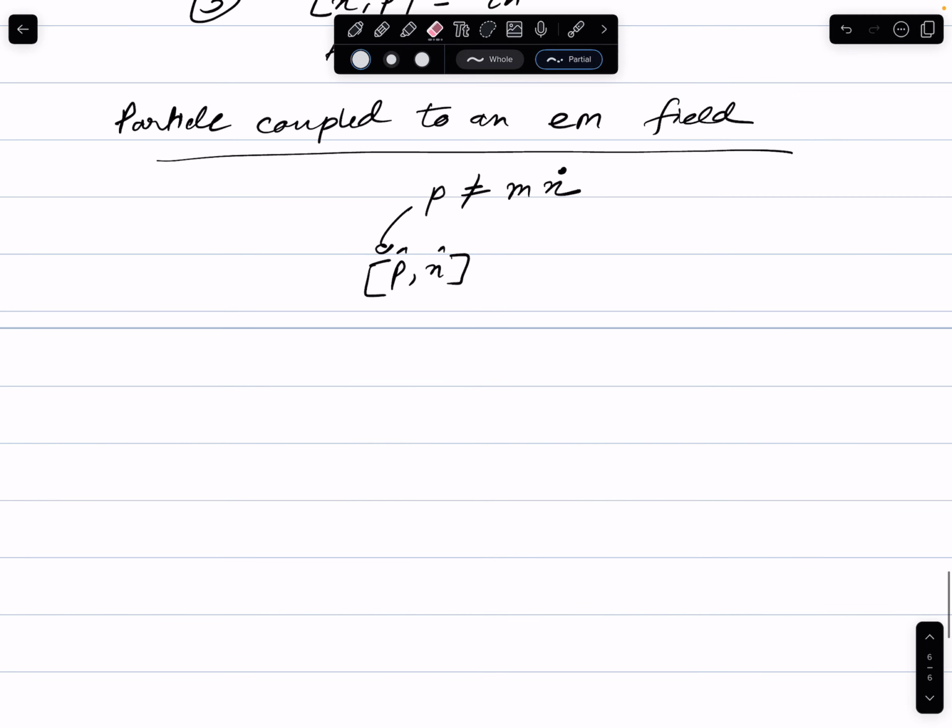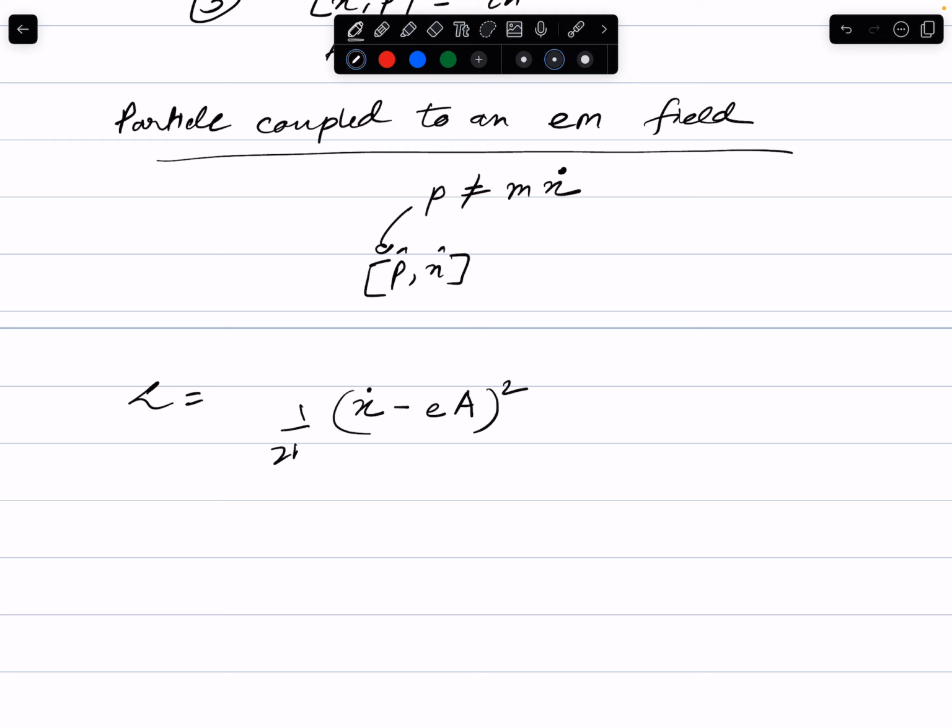So what is the Lagrangian for a particle coupled to an electromagnetic field? Does anyone remember? Yes? So it's something like (m x dot minus e A) squared by 2m plus V(x), or something like that.